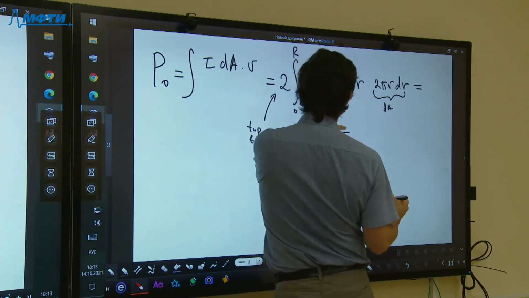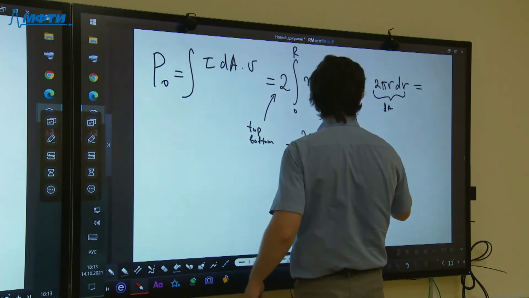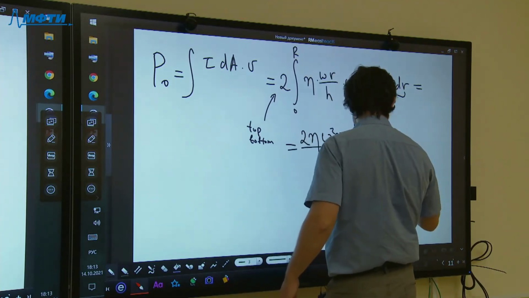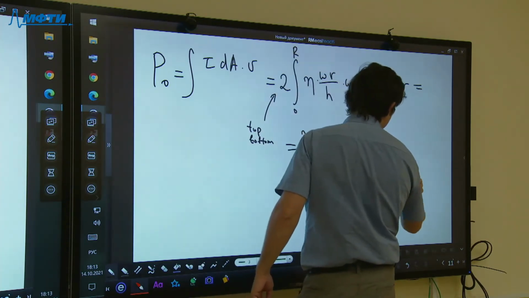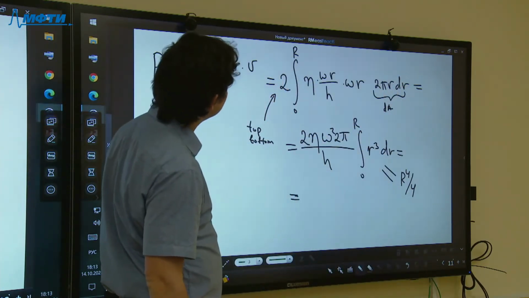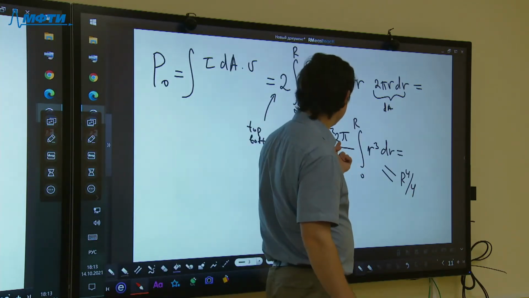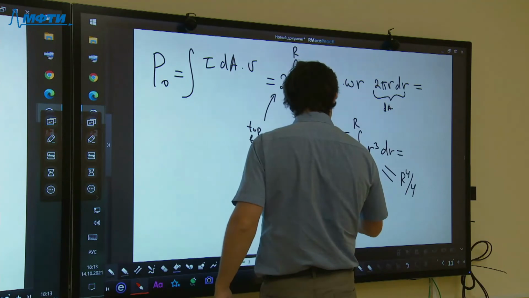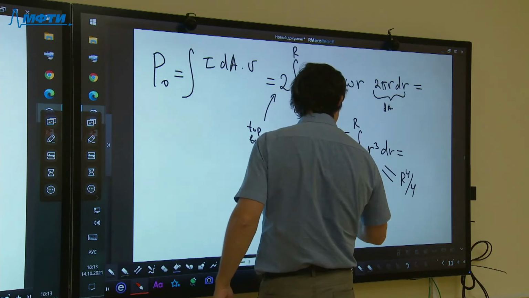So I have 2 eta omega squared 2 pi over h, and the integral from 0 to capital R of r cubed dr. This integral easily gives r to the 4 over 4, and this 4 coincidentally eliminates these two factors of 2. So in the end I have eta pi omega squared R to the 4 over h.